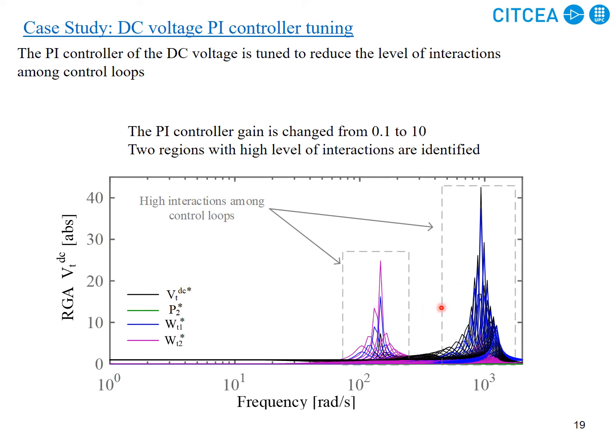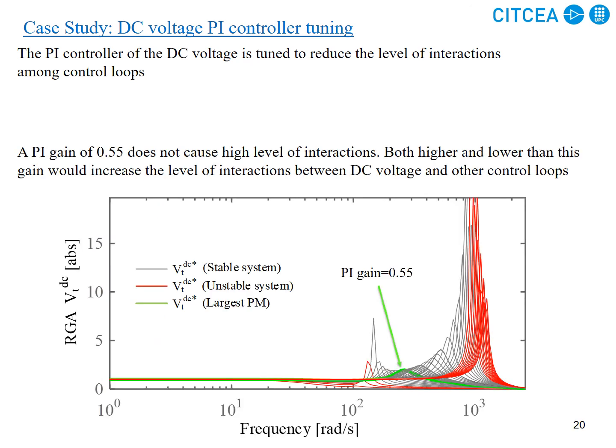So if we are not careful with the tuning, it is possible that we fall into one of these regions, which cause a very high interaction level. So maybe the situation is fine with other parameters, but the interactions are not in an optimal situation. So interaction is also an important factor to be considered during the design.